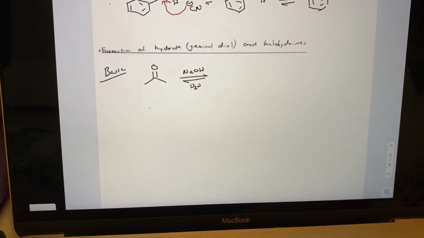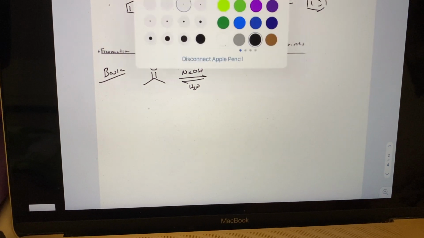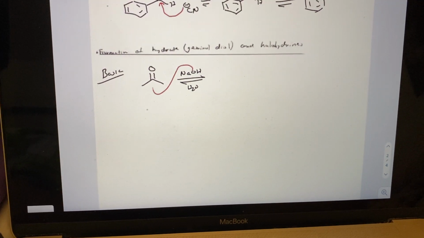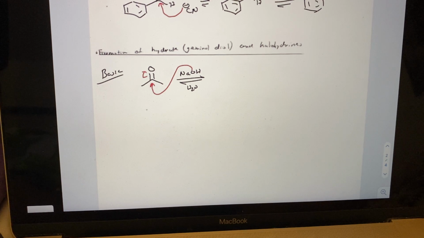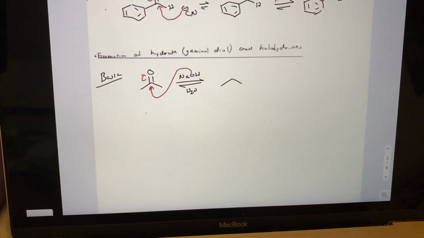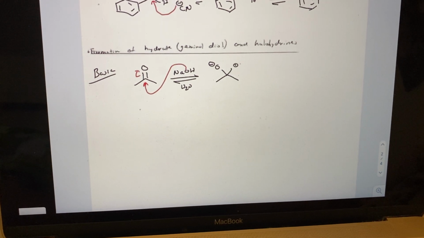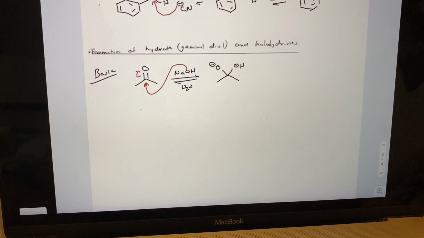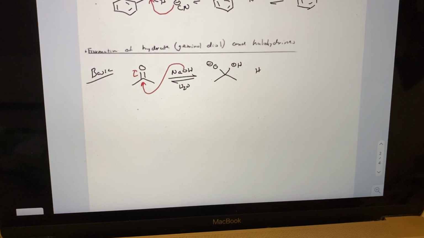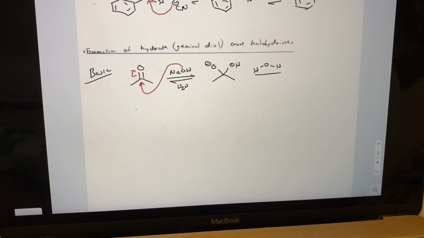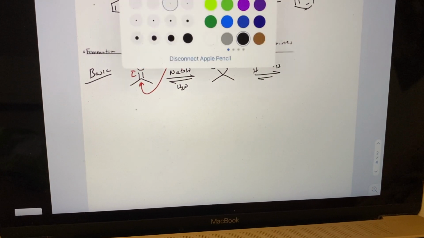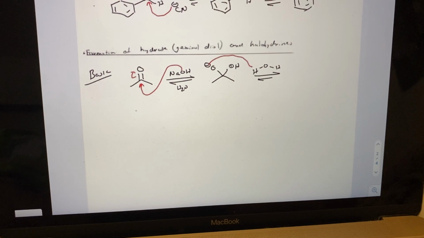Now we know that, oops, I wanted to use red. We're going to generate a tetrahedral intermediate, which I'm not showing the stereochemistry of now, just in a more generic reaction. And our water will then end up protonating this. So this is the reaction. It was our generic reaction above.